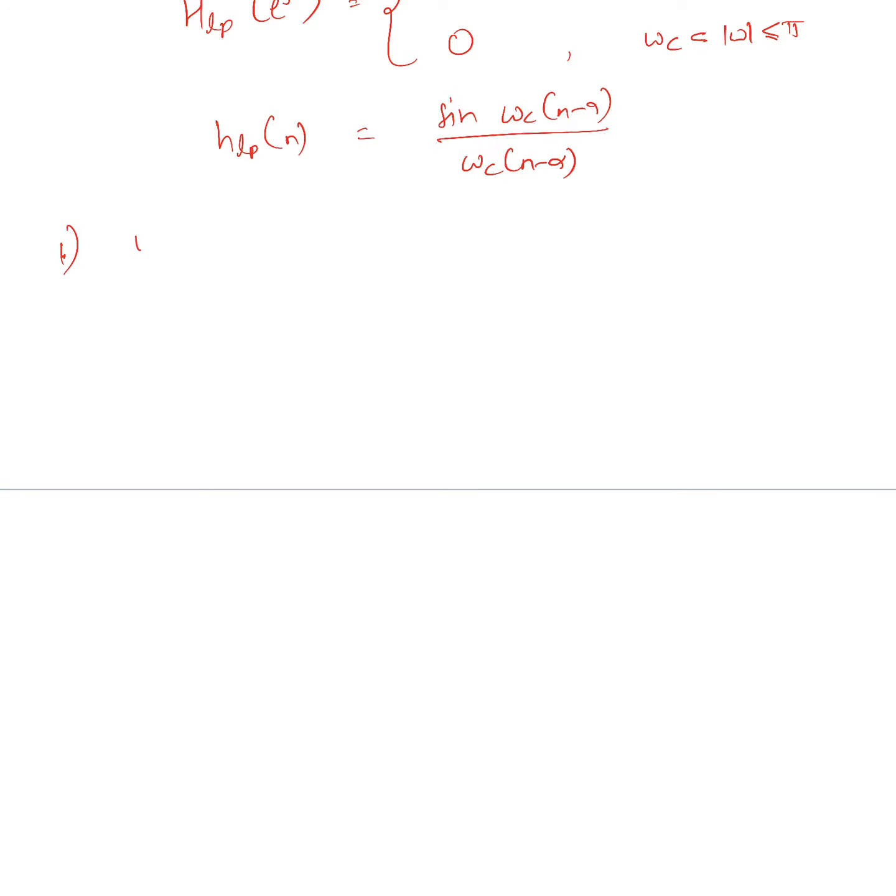First one where we have ω_c equal to 0.4π, and alpha is equal to some integer, 5. The second case, we shall see ω_c equal to 0.4π, but alpha is not an integer anymore, it is 4.5. Now in the third case we again keep the same cutoff frequency, we just change alpha to 4.3.